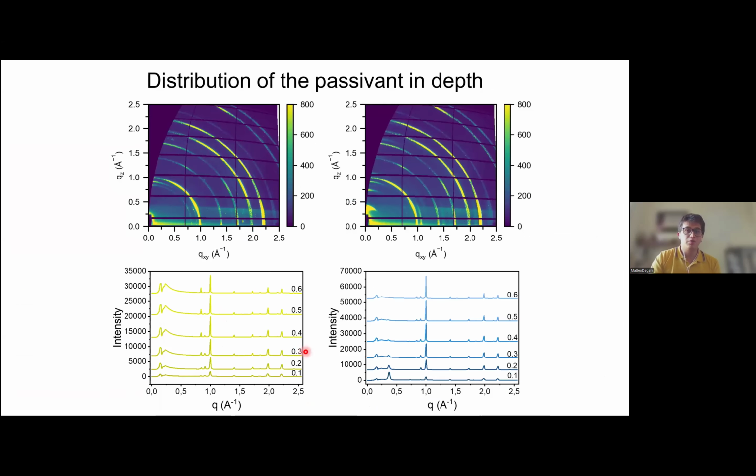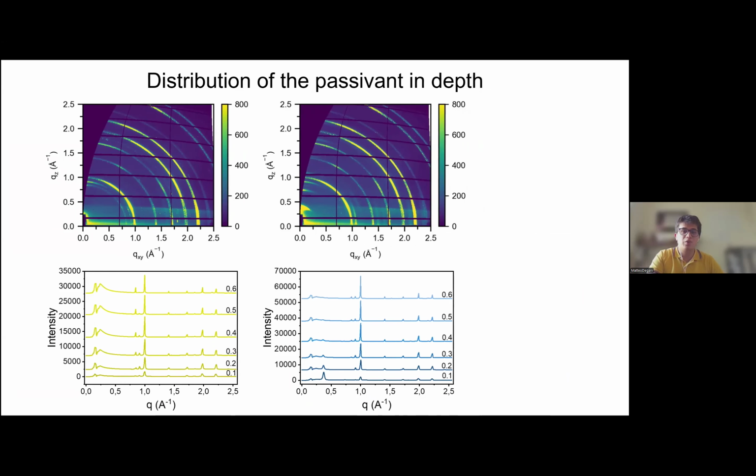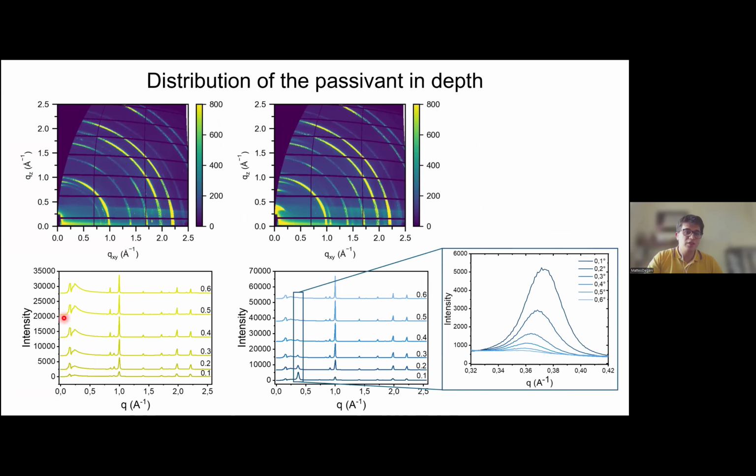And we would like to observe also from the z-axis where this 2D perovskite is located. And to do this, we perform GIWAXS measurements with different incident angles. And as it is possible to observe, the reference does not have this peak at Q 0.37, but it is present in the passivated sample.